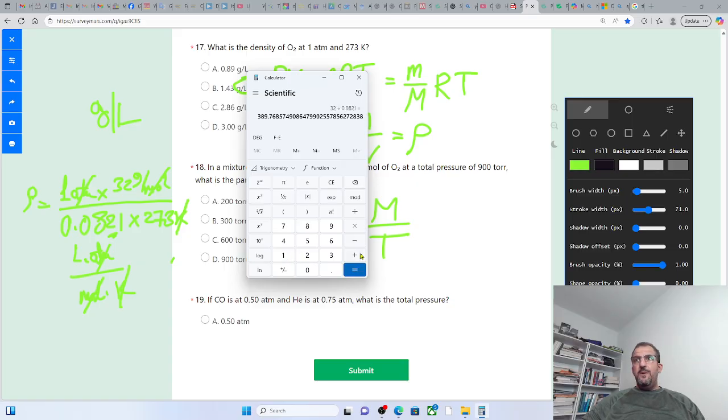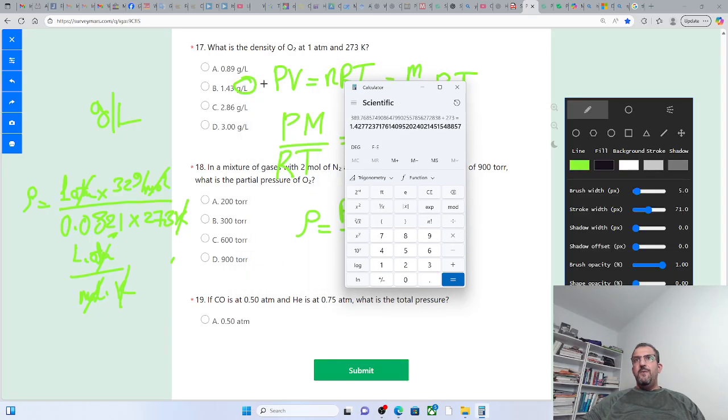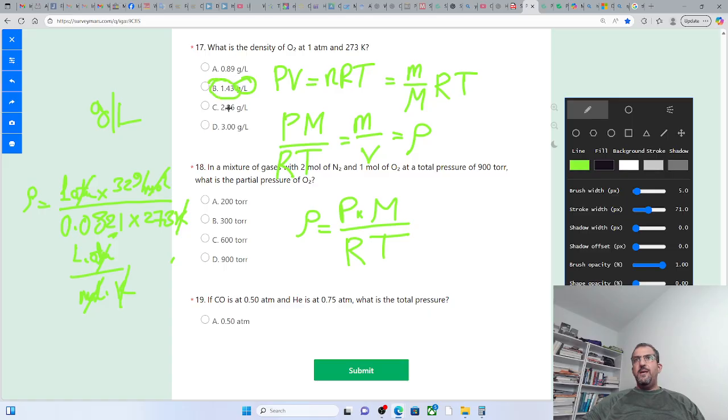That's equal to, and then I will divide that by 273, so that's equal to 1.427, which is 1.3, so B is the right answer. So rho is equal to 1.43 gram per liter.